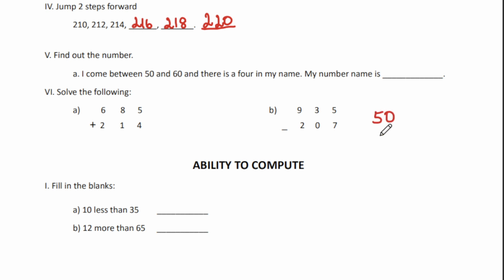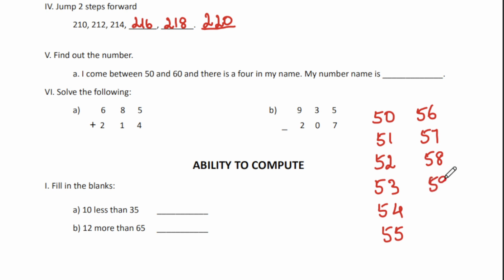So 50, 51, 52, 53, 54, 55, 56, 57, 58, 59, 60. And there is 4 in my name. So where are we able to see 4 here? Number 54. So the name is 54. Okay.